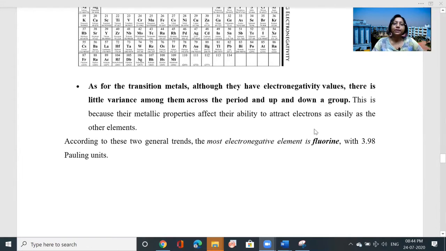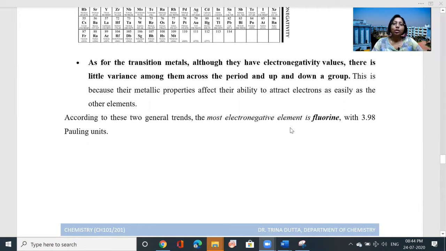As for the transition metals, although they have electronegativity values, there is little variance among them across the period and up and down a group. This is because of their metallic properties and their ability to attract electrons.